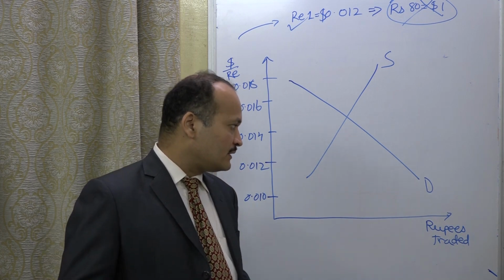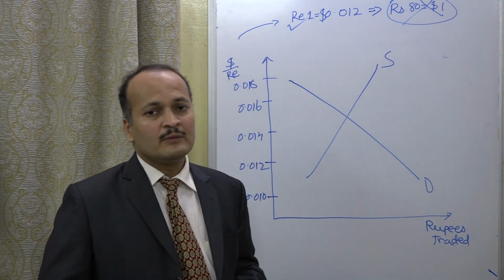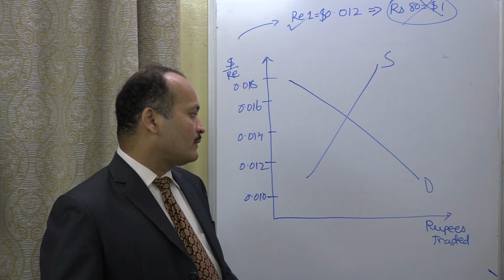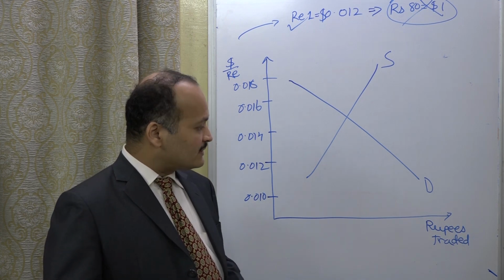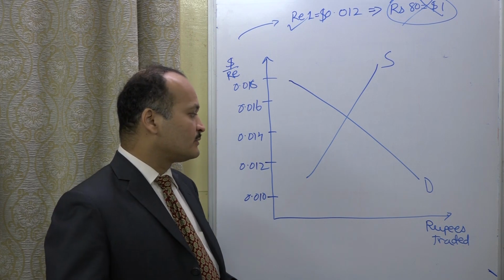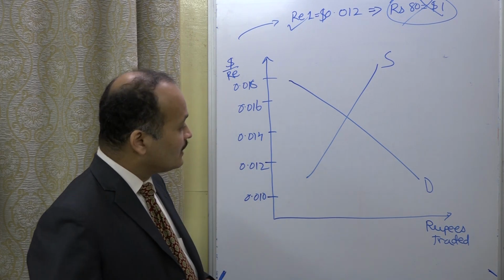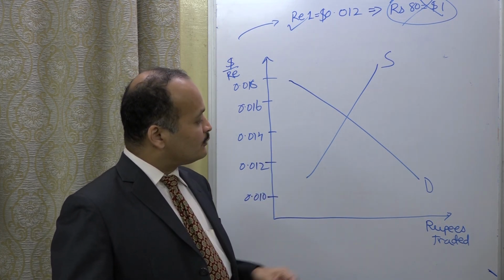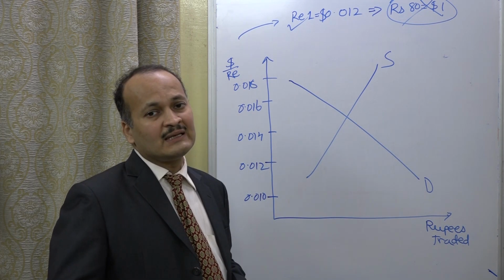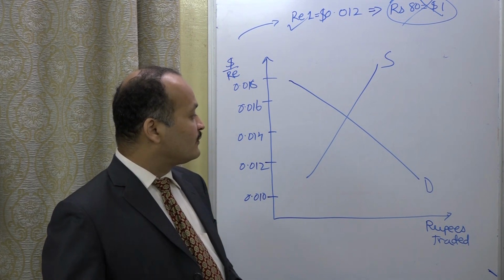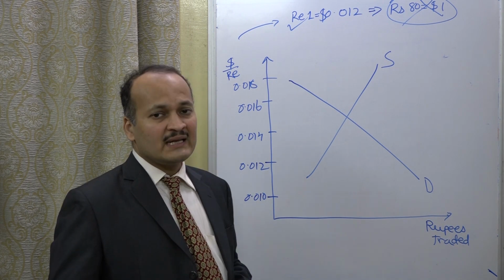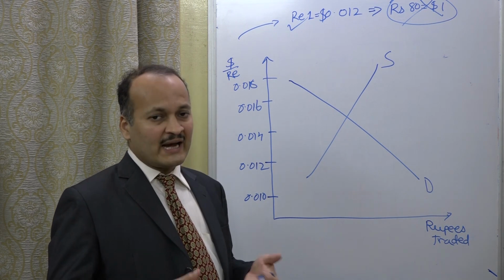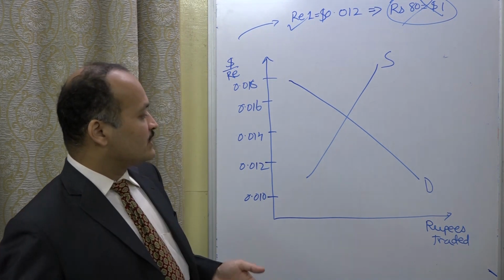Now when FIIs bring money and put money in the stock market or in the bond market, they are expecting a particular return, and that return to a great extent is governed by the growth prospects of the economy. If those growth prospects go down, that would result in less demand for Indian equities, and there will be less need for converting dollars into rupees to buy those equities and bonds.